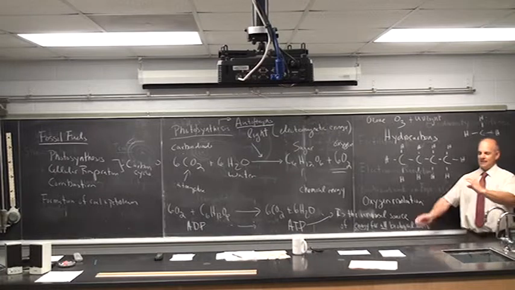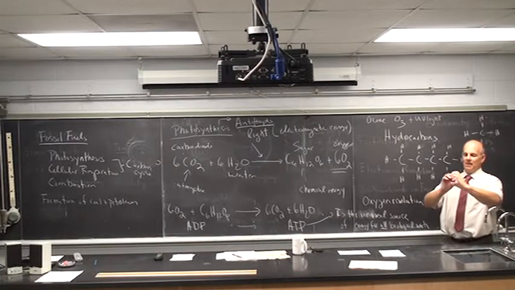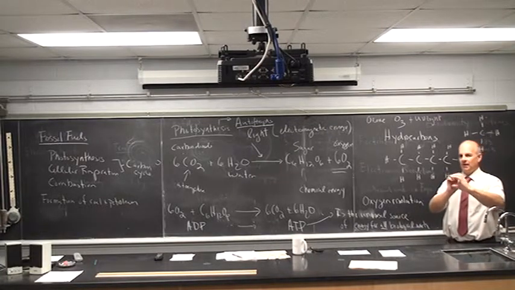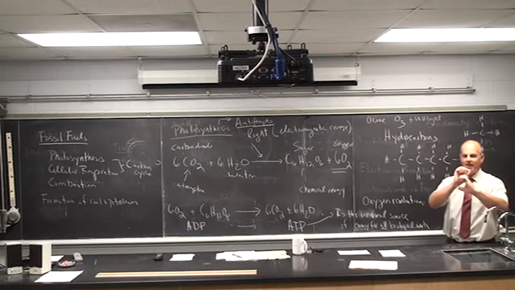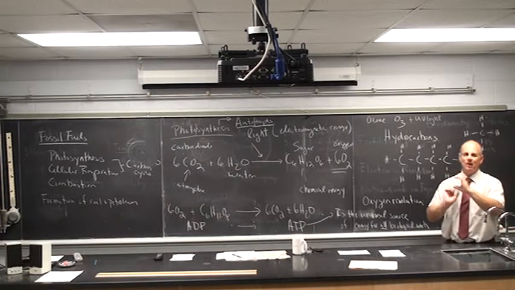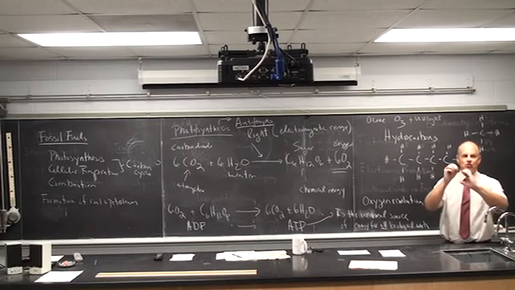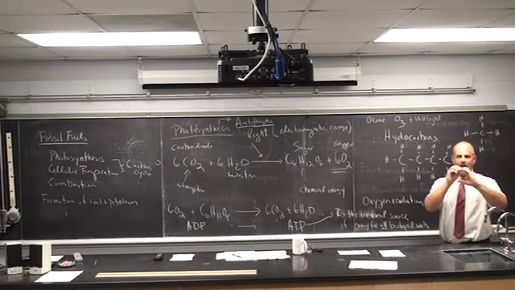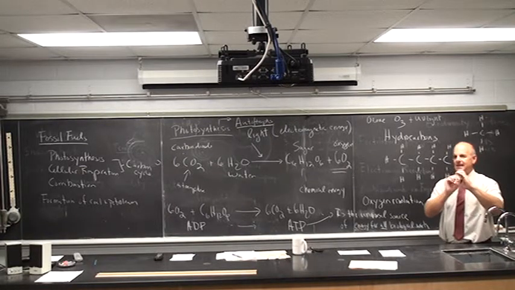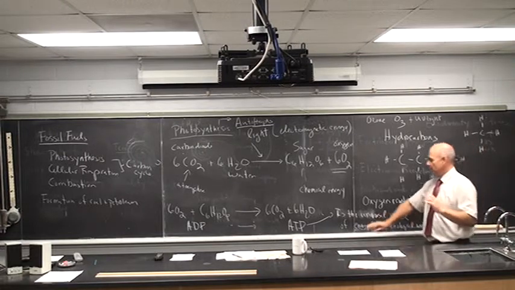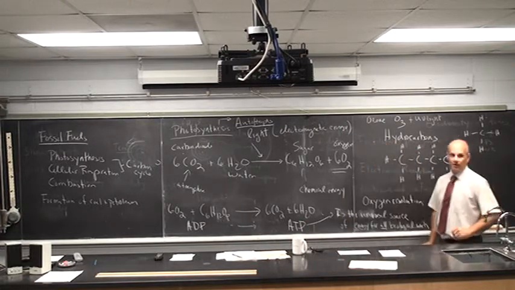So a cell has to maintain an internal chemical composition that's different from the outside. That requires little molecular pumps. All those pumps take energy. So it doesn't look like it's doing anything, but it's actually on a microscopic scale pumping fluids and staying alive. Okay, so that's critical.